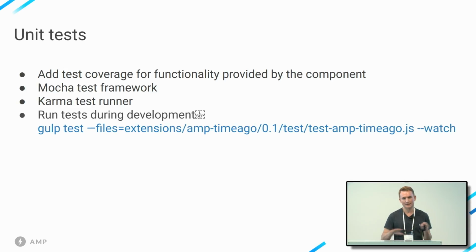We don't need to run the entire test suite during our development. We can specify it to run just for our component. We can also pass in the watch flag, which keeps the test running in the background, which is quite useful when we're doing our development.